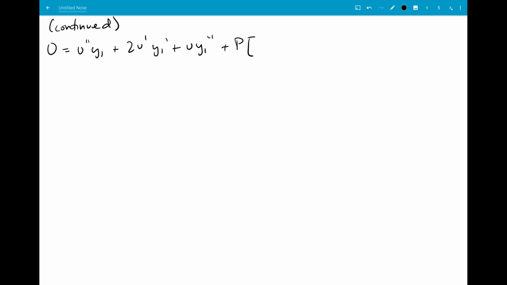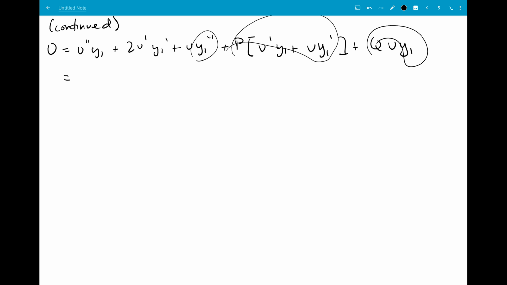I'm just rewriting it here because it's hard for me to underline stuff and flip between the pages. And I want to make sure that I'm showing you where all these terms come from. So my idea is that the y1 double prime plus p times y1 prime plus q times y1, that thing should cancel out. And I noticed that all of those terms are attached to u. So what's going to help me here is to try and group my terms that way to start out.